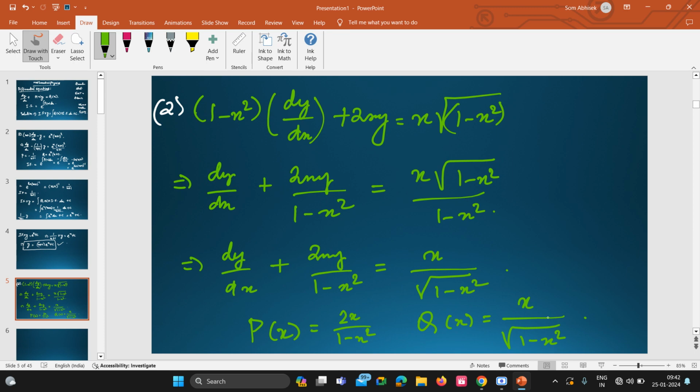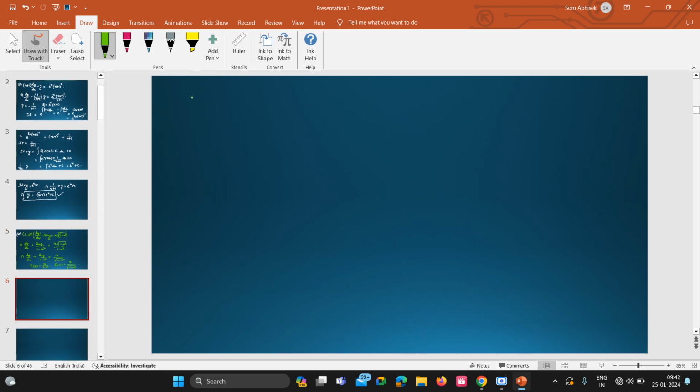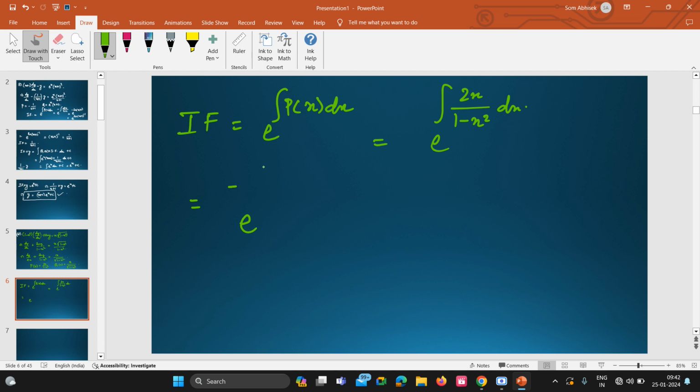So again, we can put that. Integrating factor is equal to e to the power integral of Px dx. Px is 2x by 1 minus x square, so e to the power integral of 2x by (1 minus x square) dx.